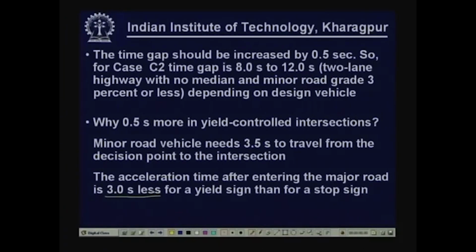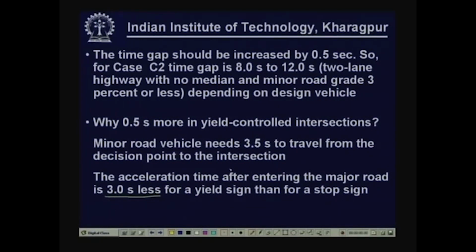Therefore, the acceleration time will definitely be higher for a stop controlled approach, because the vehicle will start from 0 speed. In this case, it is not 0 speed. So, there is a saving.